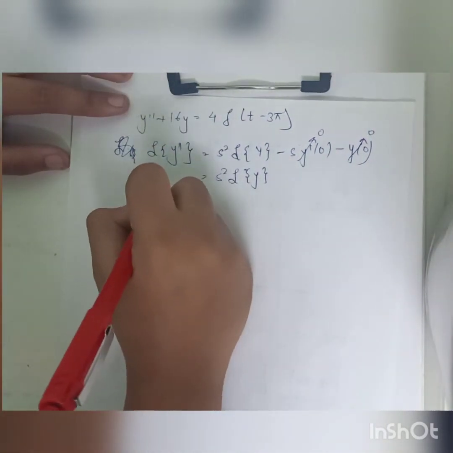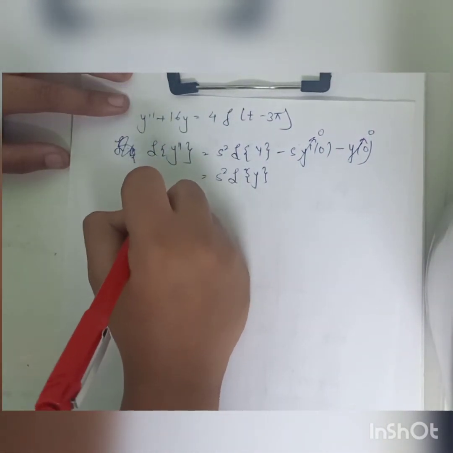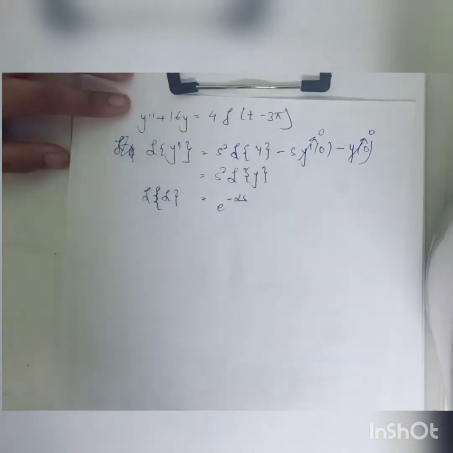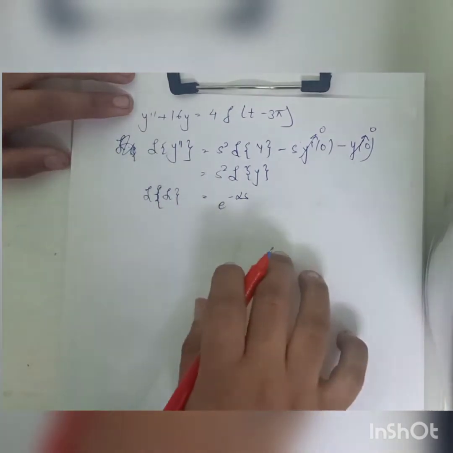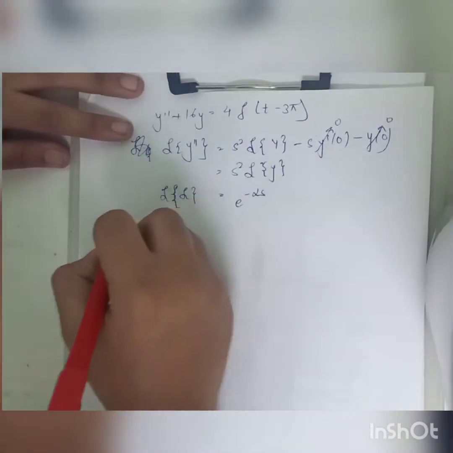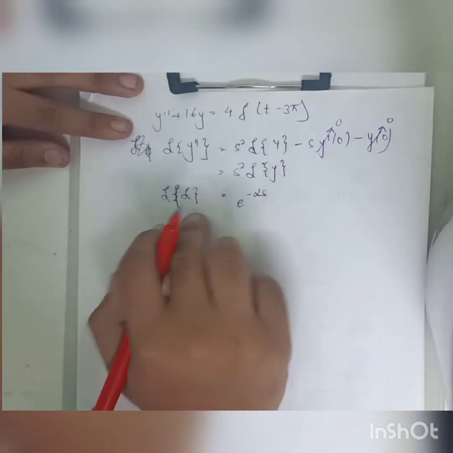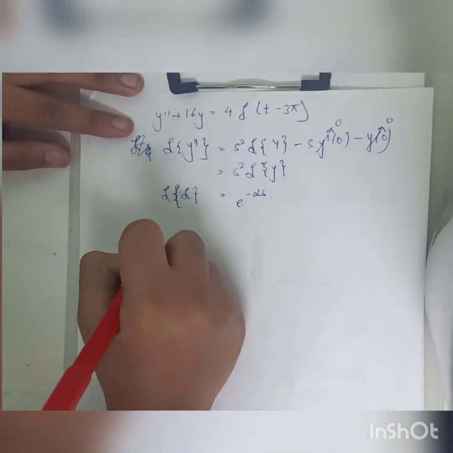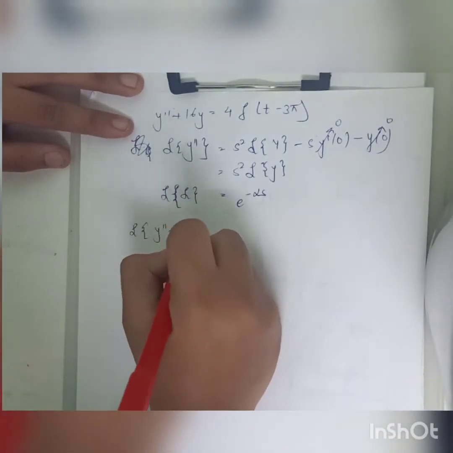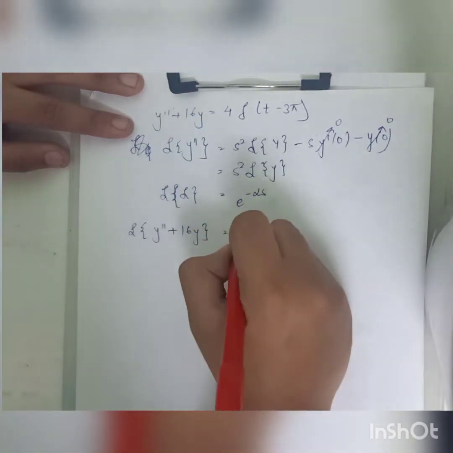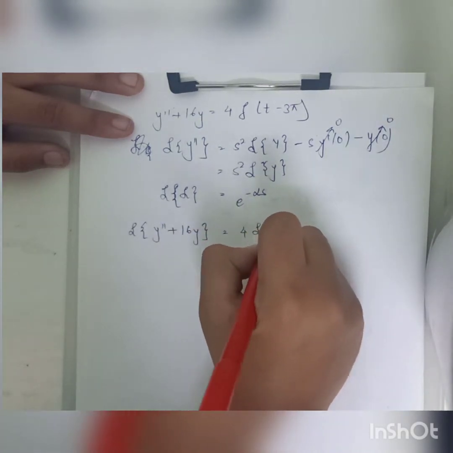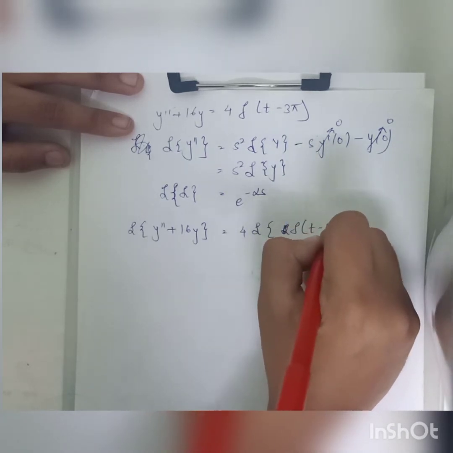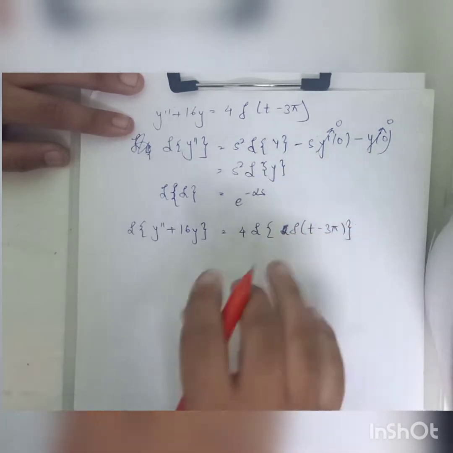Also, Laplace of the delta function is equal to e to the power minus alpha s. So if you put these two over here, Laplace of y double dash plus 16y is equal to 4 Laplace of delta t minus 3 pi.